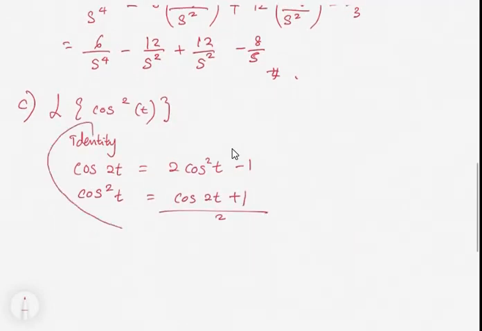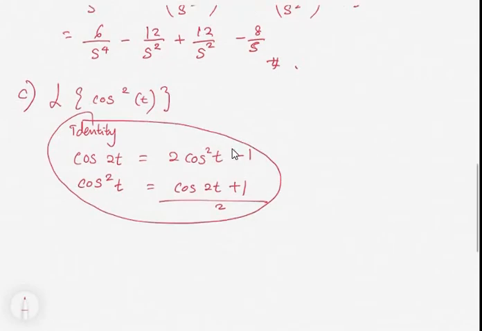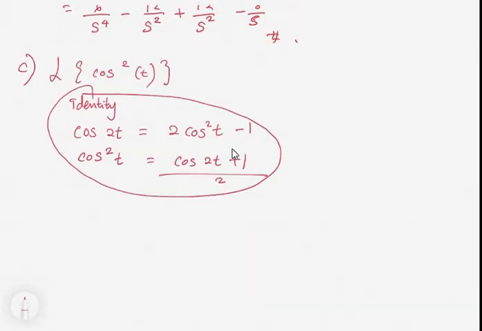Alright, so this is the identity. So the Laplace transform of cos squared t is equivalent to half of the Laplace transform of cos 2t plus the Laplace transform of 1.